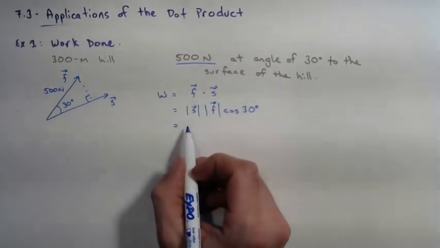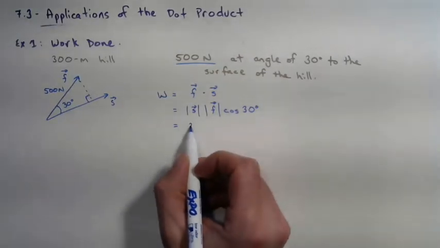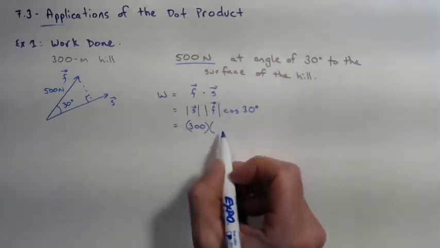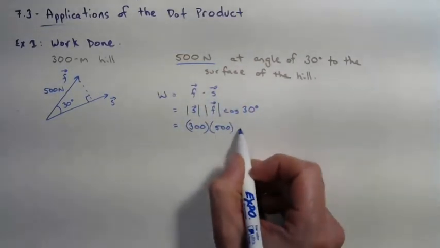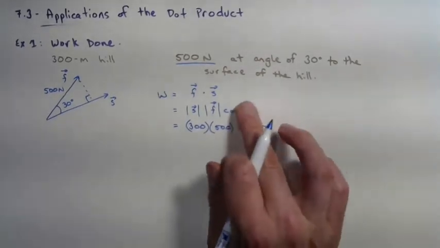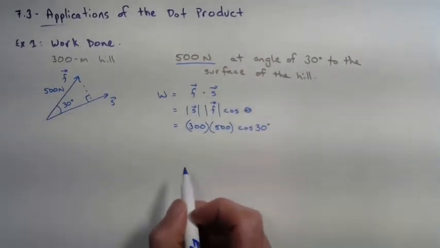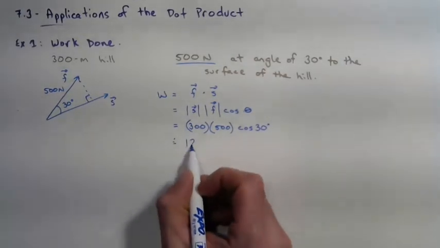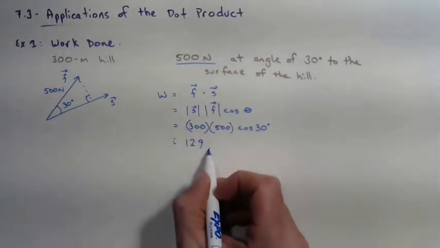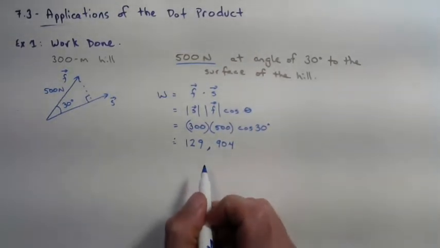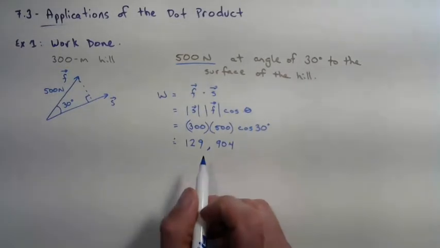We are told that the hill is 300 meters. 300. We're told that her force is 500 newtons. 500. Cosine of 30. I guess I should have generalized this as theta at first. And then we carefully put that in our calculator. We end up with approximately 129,904. And this is measured in Newton meters.